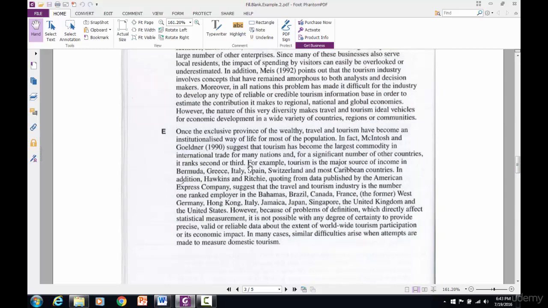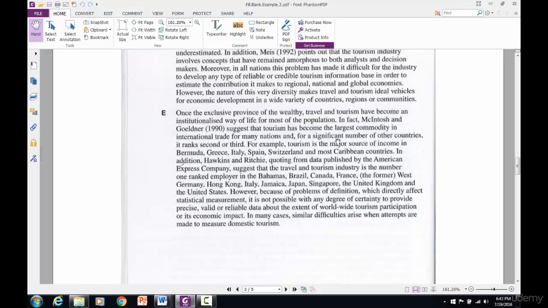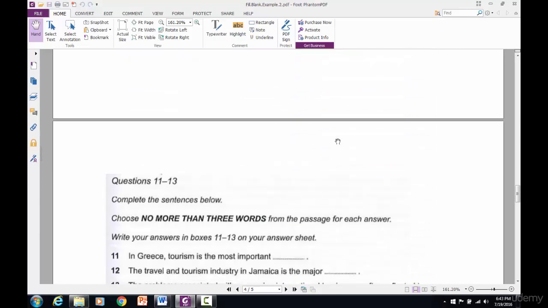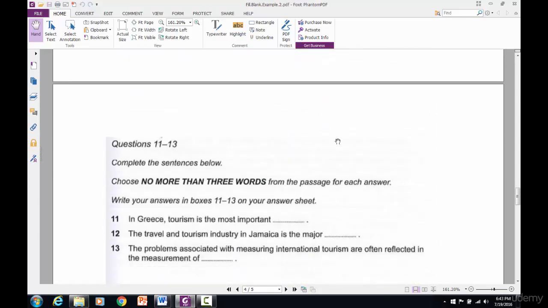All right, so here's our sentence. For example, tourism is the major source of income in Bermuda, Greece, Italy, Spain, Switzerland, and most Caribbean countries. That's our sentence. All right, so let's look back at the question really quickly. Tourism is the most important for Greece.